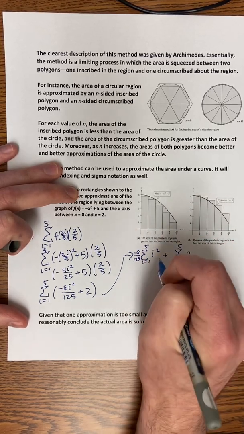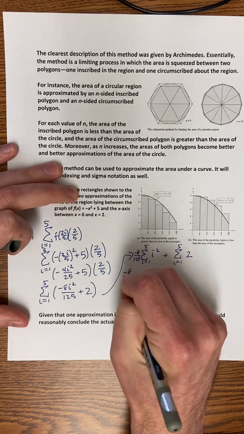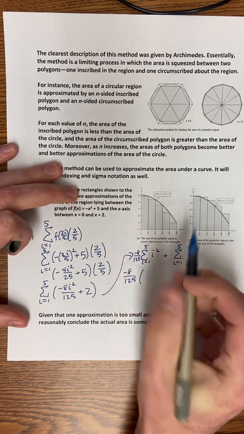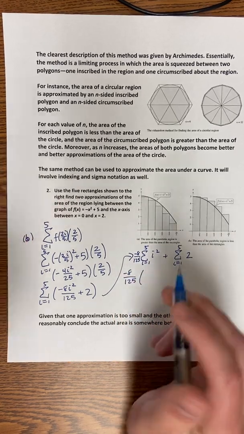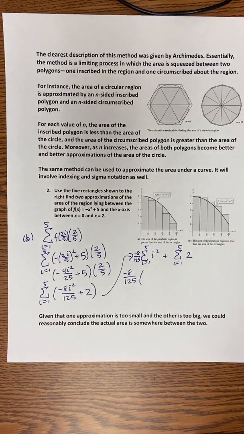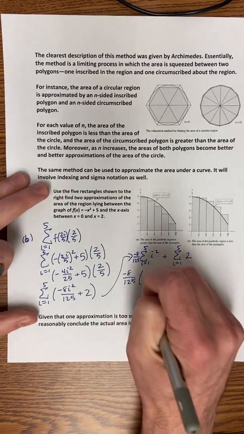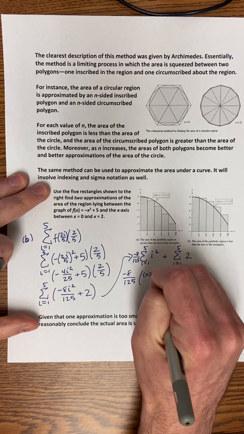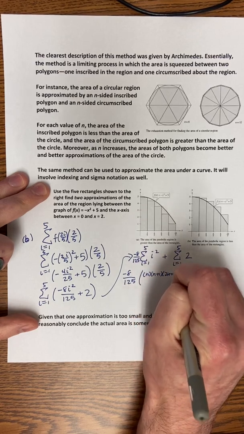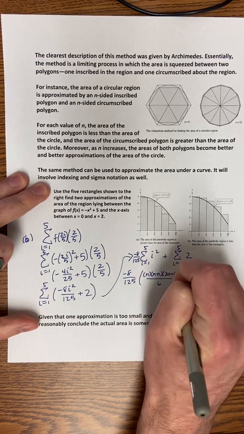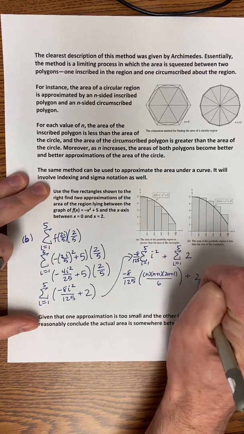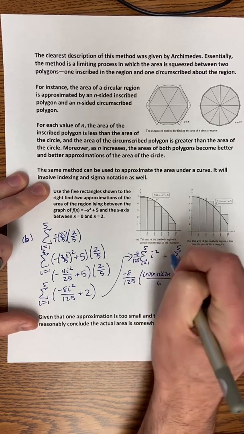And using my i squared patterns, this will be negative 8 over 125 times the pattern for i squared on our first page, which was n times n plus 1 times 2n plus 1 over 6. And then for this one, it's just 2 times n. But my n here is 5.